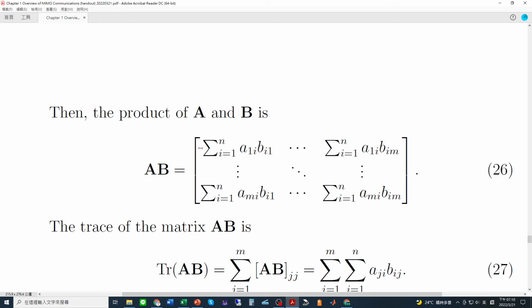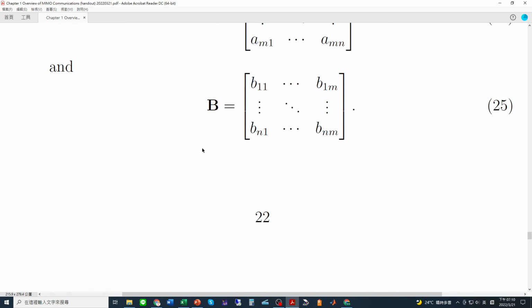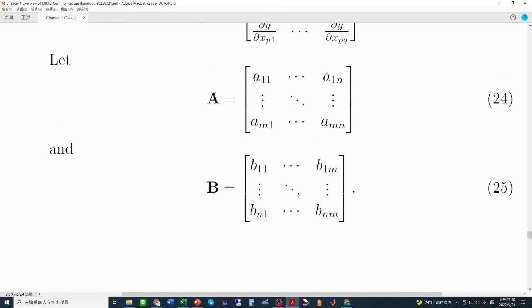Okay, how do we get this term? You just need to multiply the first row of A with the first column of matrix B term by term and add them all together.